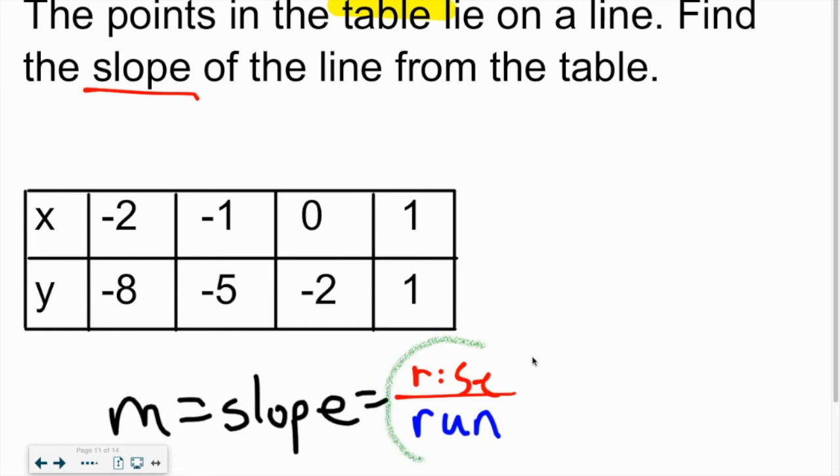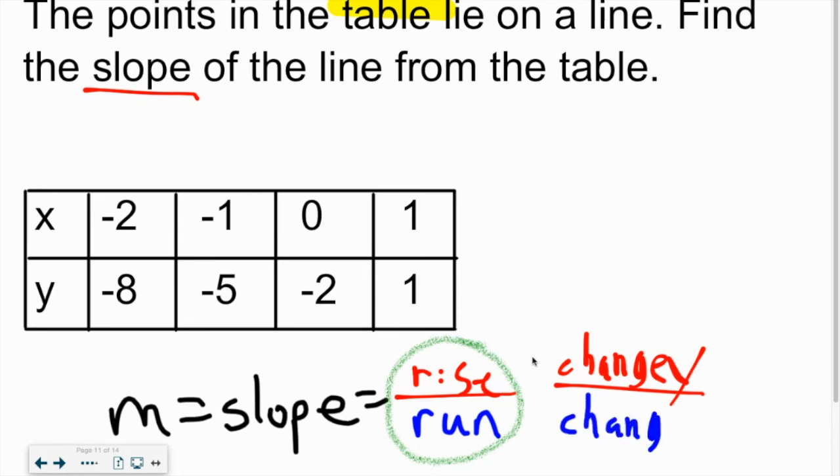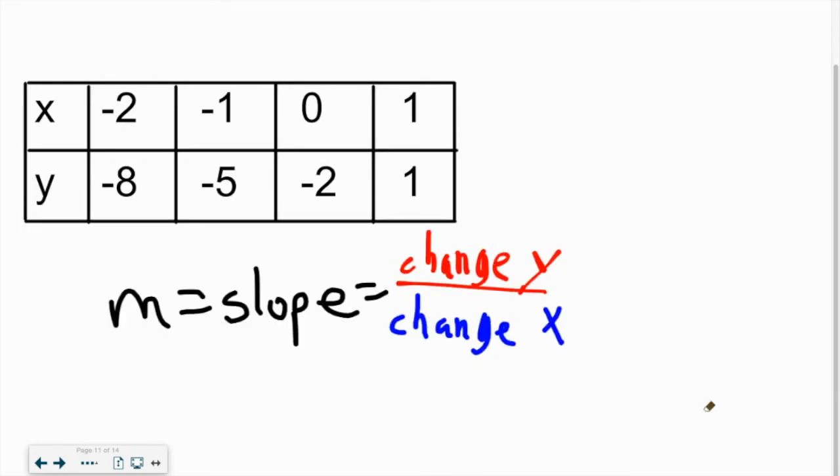That means instead of this rise over run, we want to focus on something different, and we want to call it the change in y over the change in x. I'm going to run out of space, so let me fix that quick. Now, that will work for your formula.